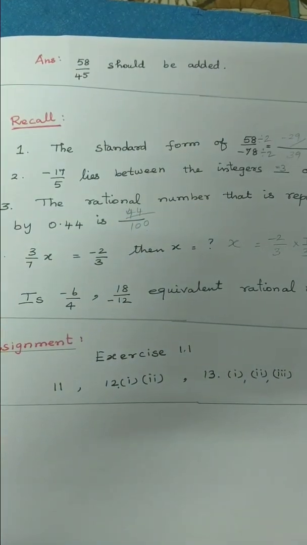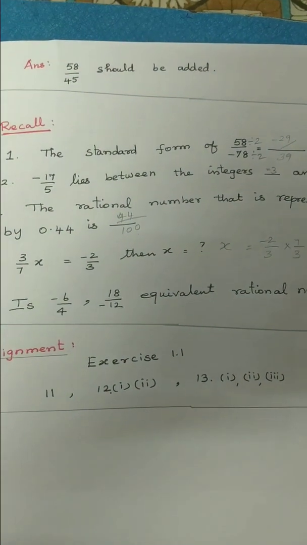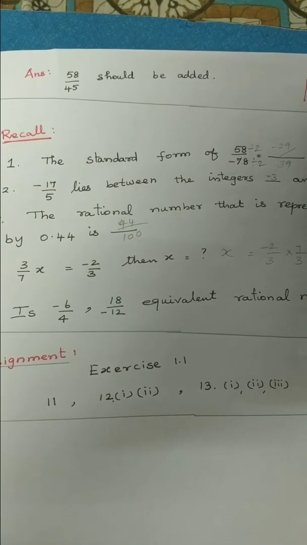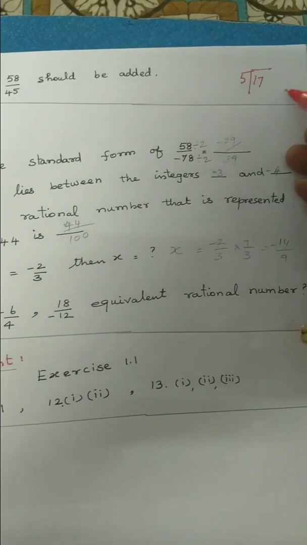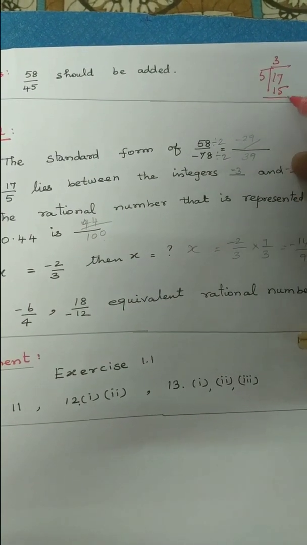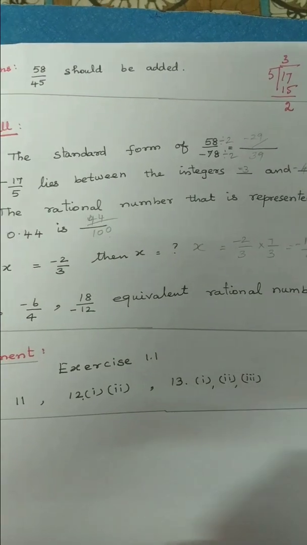If we divide 17 by 5, then 3 times it is 15, then the remainder is 2.